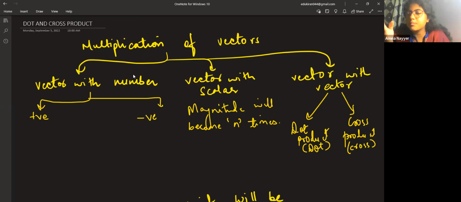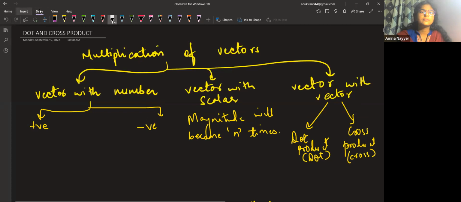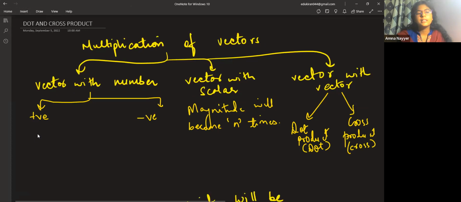See, when a vector is multiplied with just a number, it can be a positive answer, it can be a negative answer. For example, I am having some value of any vector. Let's take velocity. This is 3 meter per second. n is just a number.